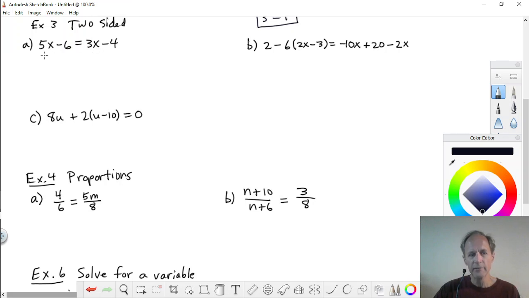If we subtract 5x from both sides, we'll have a negative 2x over on the right. But if we subtract 3x from both sides, we'll have positive 2x on the left. So it'll be positive, and it makes it a little easier at the end. So we're going to subtract 3x from both sides, and I'll do it this way. I'm just going to write 5x minus 6 minus 3x up there on top, and down here 3x.